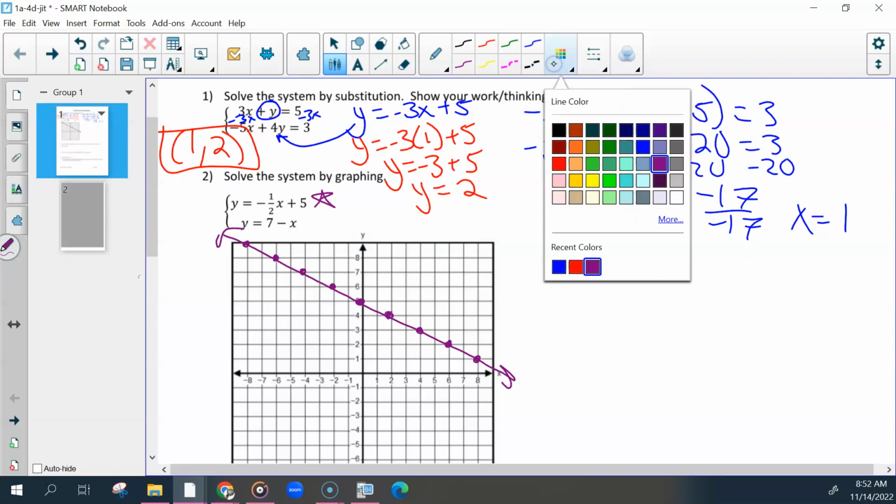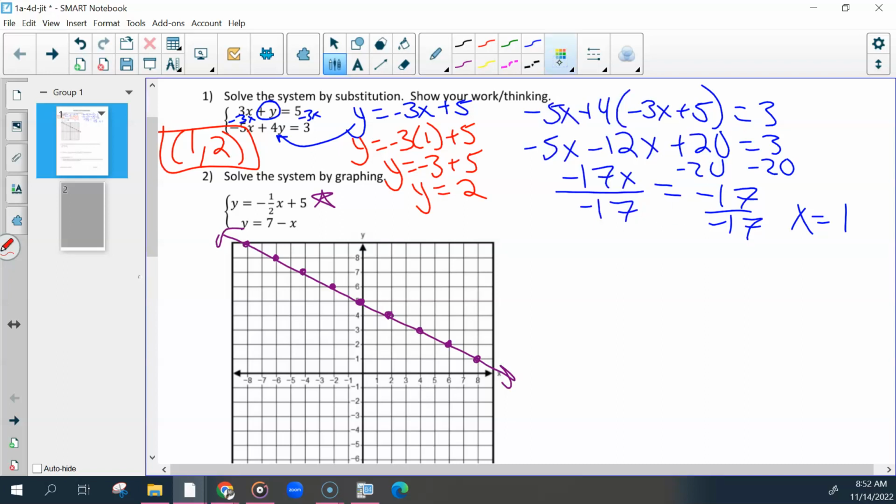Be careful with the second equation because these are switched. If you wanted to rewrite it, you could. But you're starting at a positive 7, and your slope is a negative 1. So we're going to go up 1, left 1, and then down 1, right 1.